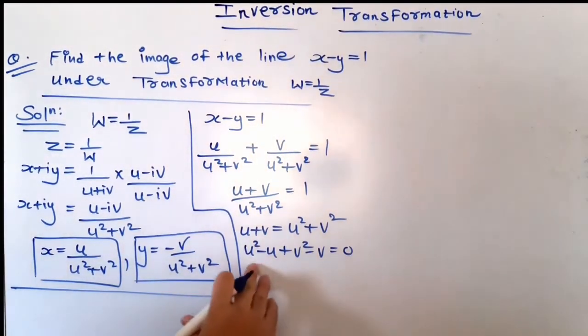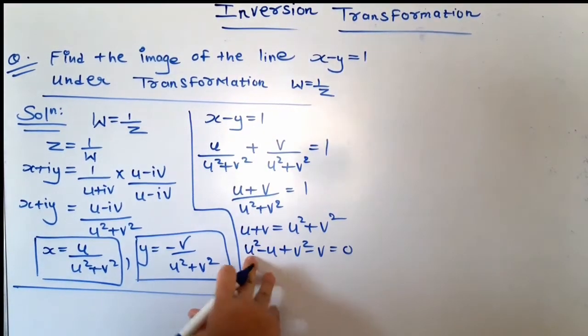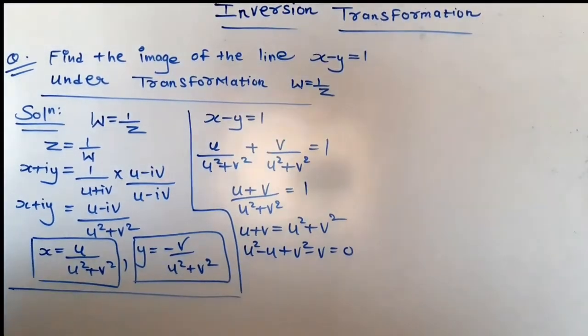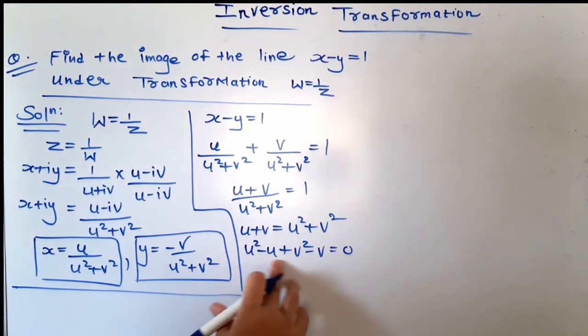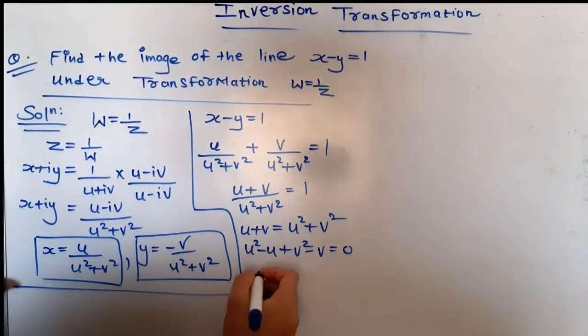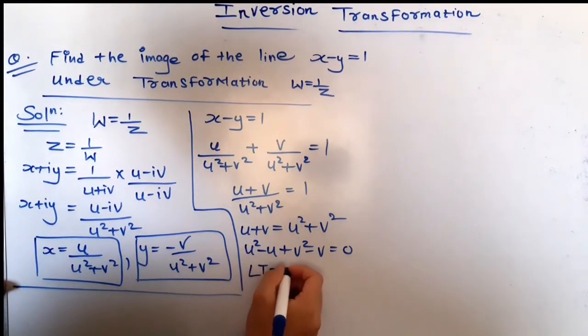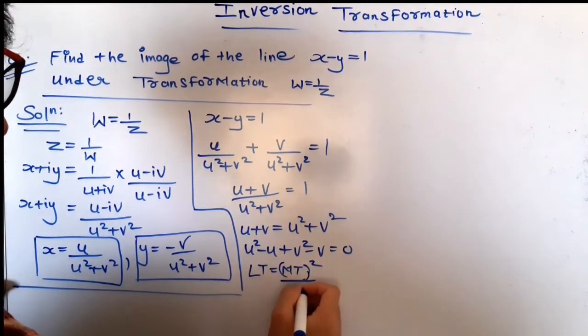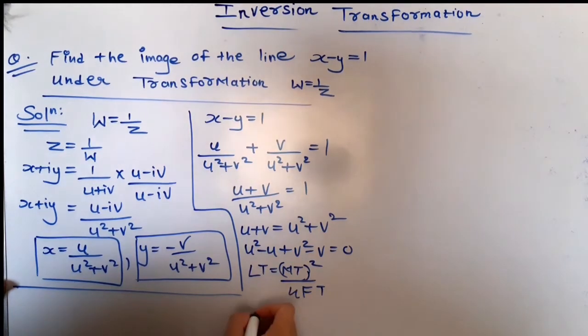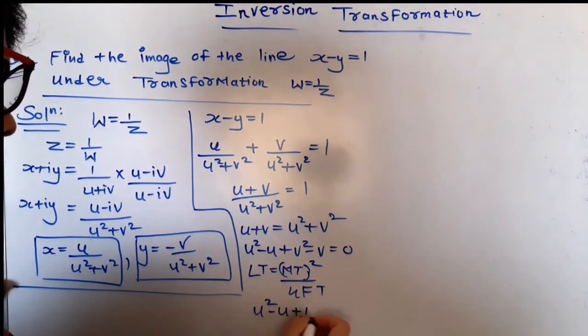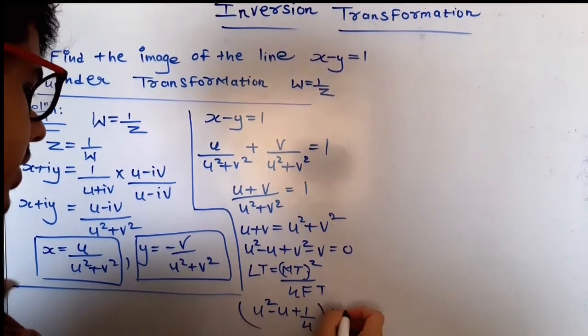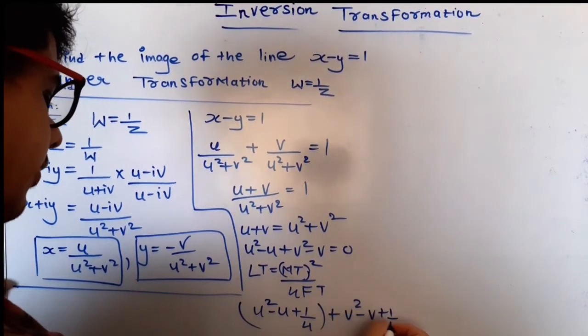So now observing this equation, we have the first term and the middle term. So we require the last term for making this a complete square. What is the formula of the last term? The last term is equal to middle term square upon 4 into first term. If you use this, you will get the last term as 1 by 4 for both the equations, that is u square minus u plus 1 by 4 and v square minus v plus 1 by 4.